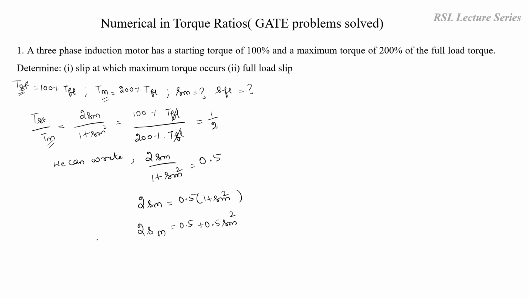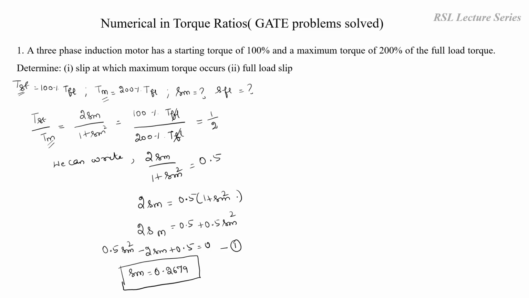On rearranging this equation, we'll get 0.5 Sm square minus 2 Sm plus 0.5 equal to 0. This is a quadratic equation in Sm. On solving it, we get the slip corresponding to maximum torque, which is 0.2679. This is the required slip corresponding to maximum torque.